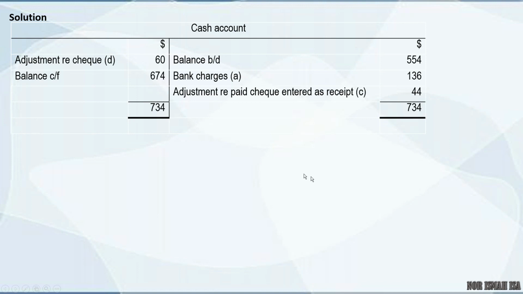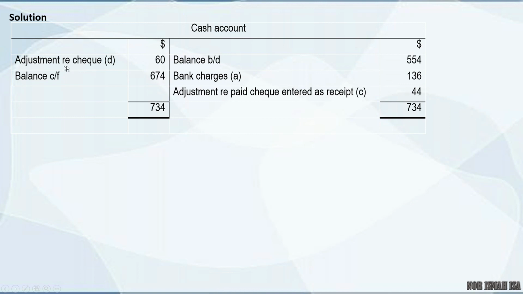We have the balance 554, the bank charges, and a check entered that should be credited but was wrongly debited in the cash book, so we need to credit back with the double amount. 22 now becomes 44. We will need to credit back with the amount of 44.